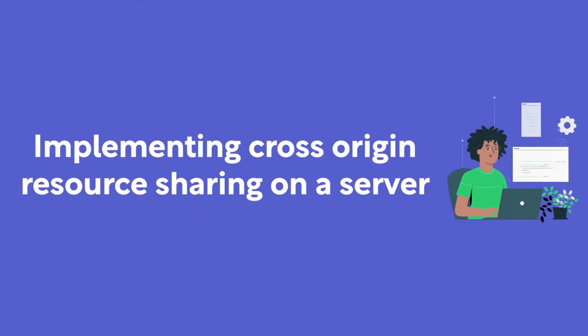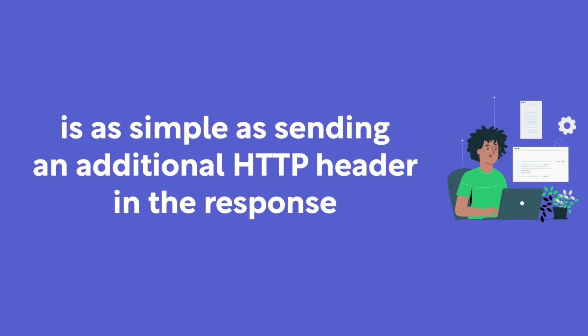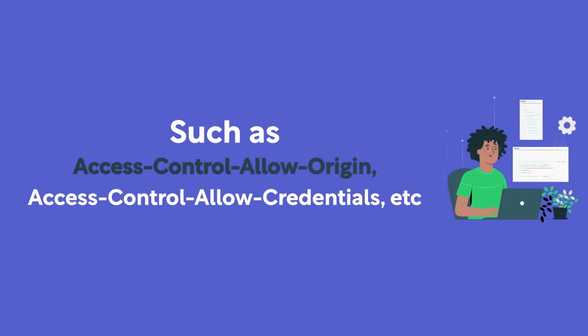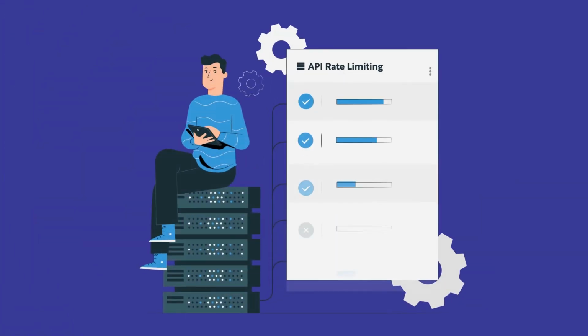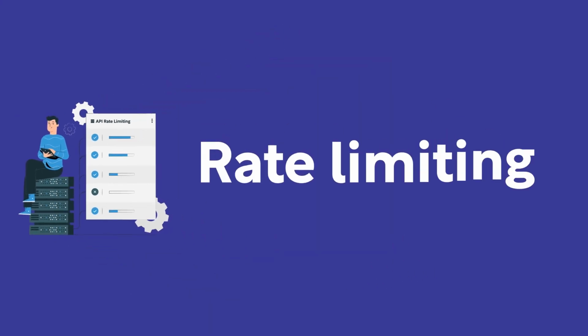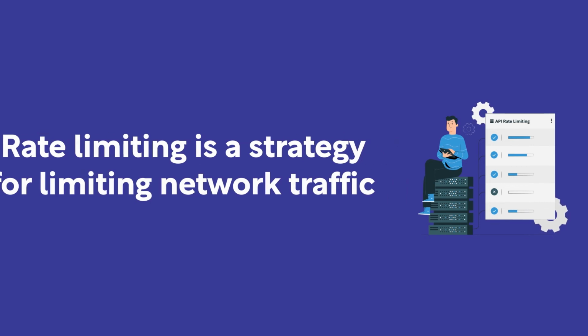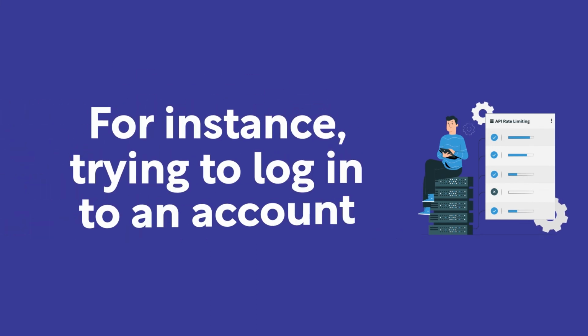Implementing Cross-Origin Resource Sharing on a server is as simple as sending an additional HTTP header in the response, such as Access-Control-Allow-Origin, Access-Control-Allow-Credentials, etc. Rate limiting is a strategy for limiting network traffic. It puts a cap on how often someone can repeat an action within a certain time frame, for instance, trying to log into an account.